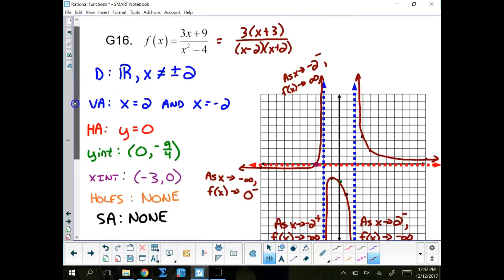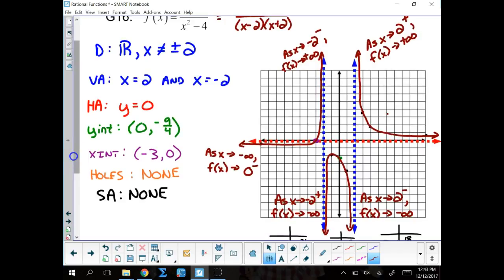Then we've got this one, 2 from the right, positive infinity. Then we've got that one.